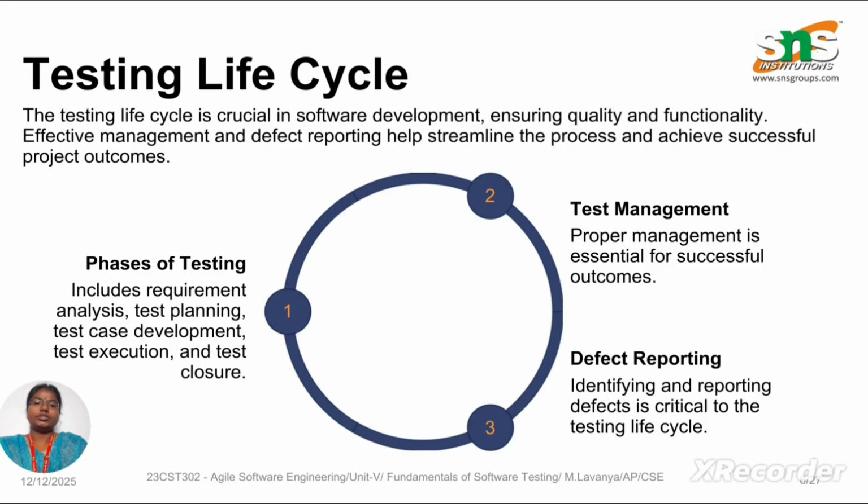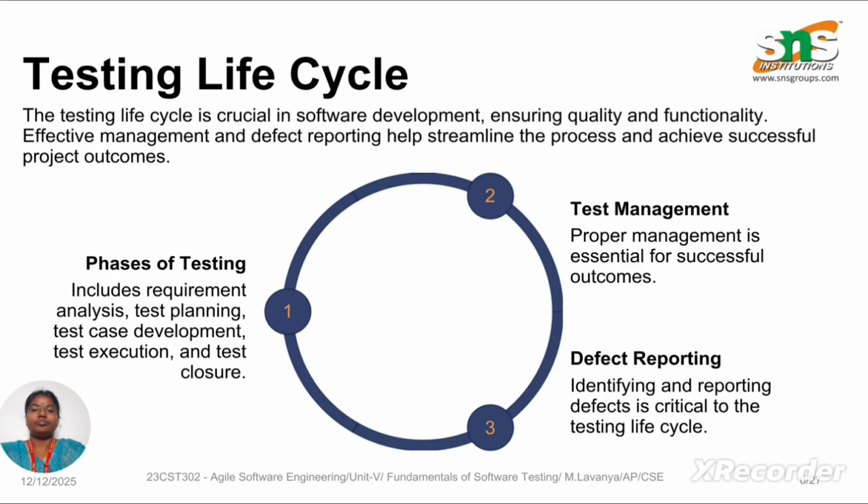In this, the first one is the phases of testing. It includes requirement analysis, test planning, test case development, test execution, and test closure. Requirement analysis means first the tester must analyze the requirements, and only then can he make sure that the software development is working towards the requirements specified by the end user.